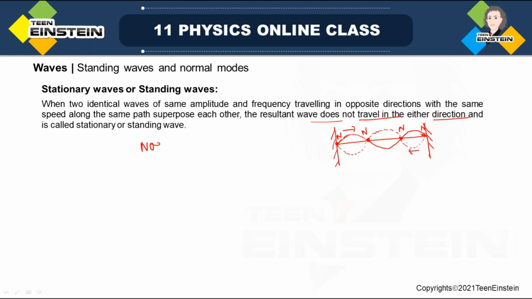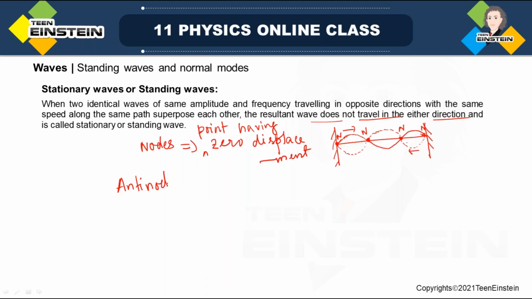So we have learned two things: nodes are points having zero displacement, and antinodes, just opposite to nodes, are points of maximum displacement.